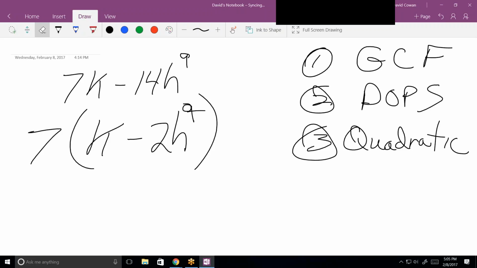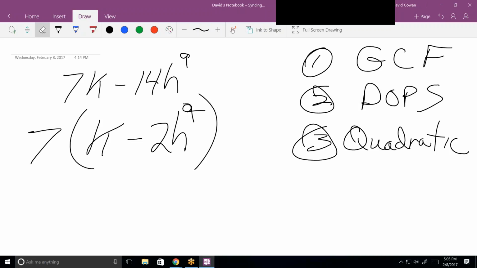Can I factor that? No. No, there's no greatest common factor. Difference of perfect squares does not apply because k is not a perfect square and 2h to the 9th is not a perfect square.